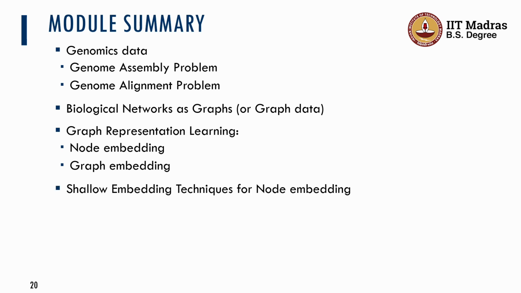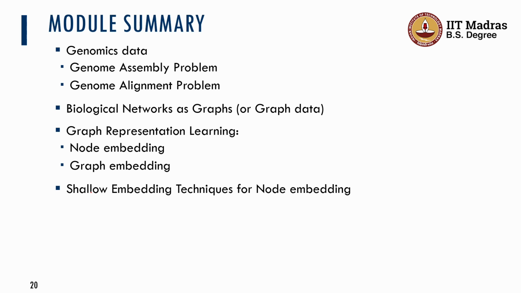We have learned a set of algorithms to perform shallow embedding for node related tasks. And we saw that some of these node related tasks can be performed well with shallow embedding. However, it has its own limitations, which we discussed, why they cannot be used for many graph level as well as node level tasks.